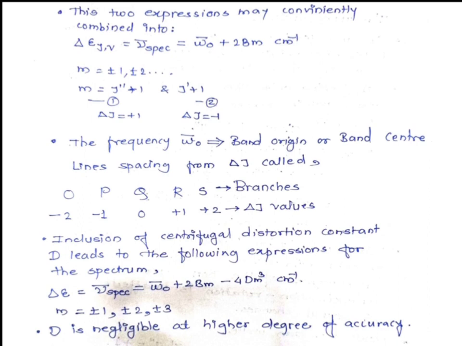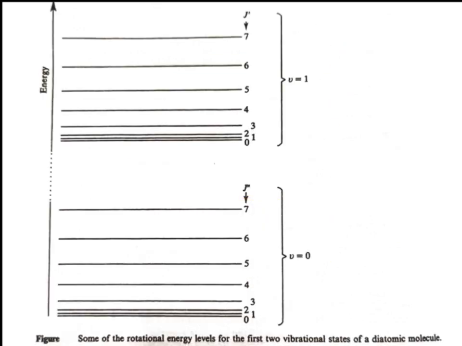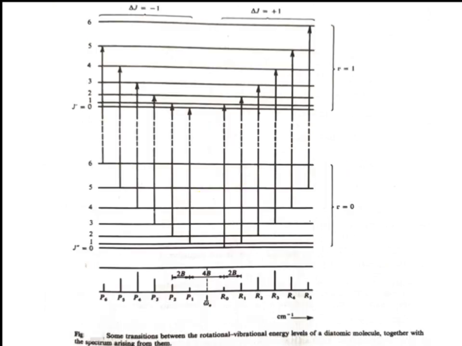So see again, here the transitions are shown for the P branch and the R branch. As I have said, here is the V is equal to 0 state and V is equal to 1, which we have seen here. So it is the same diagram, but here the transitions are shown. At the left side you can see that the transition occurs from 1 to 0, then 2 to 1, then 3 to 2, then 4 to 3, then 5 to 4.